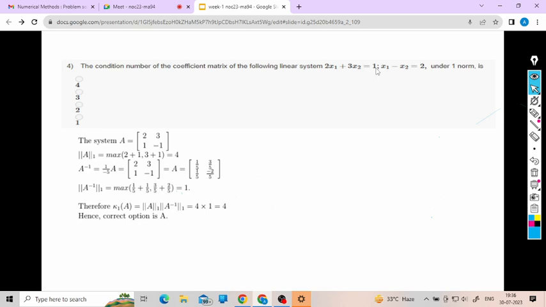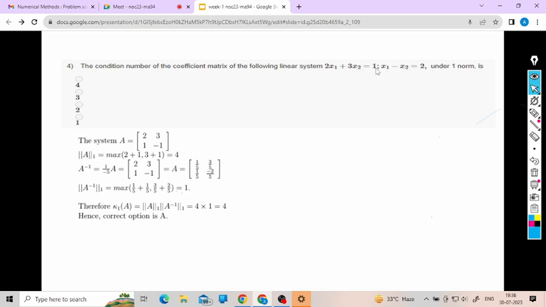In norm 1, we took the summation of the column values. For the summation of row values, is there any name for that?